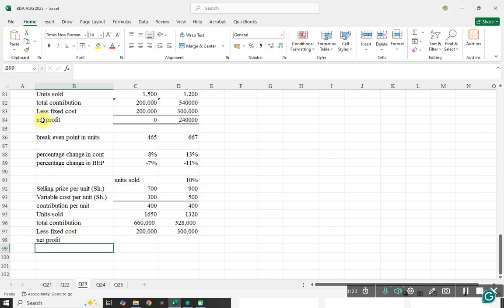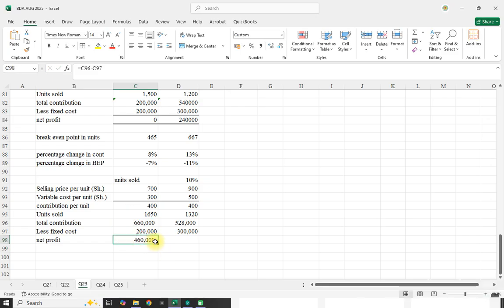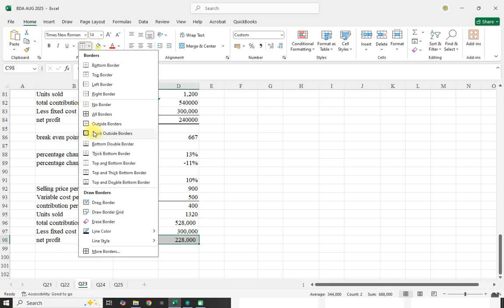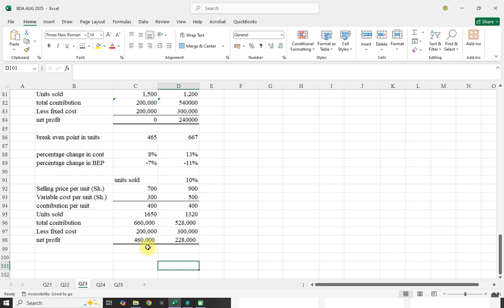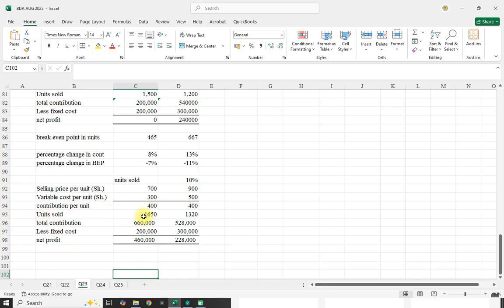So this minus this, the net profit. We'll find that there is no connection between the net profit change and the break-even point. When you change the units sold, it will not affect the break-even point in units. The break-even point in units will remain the same.